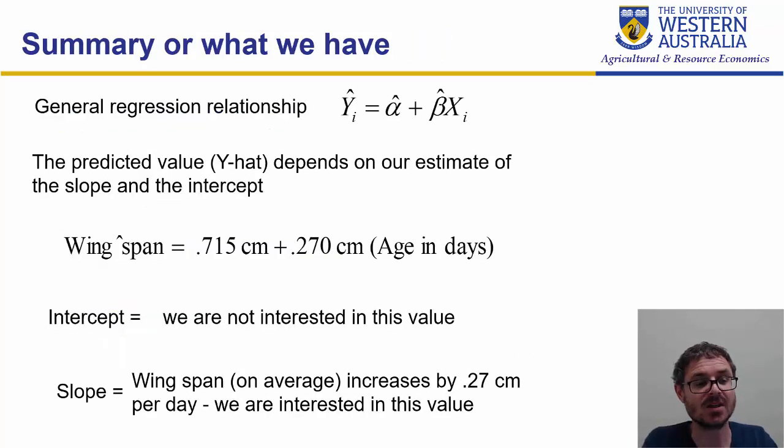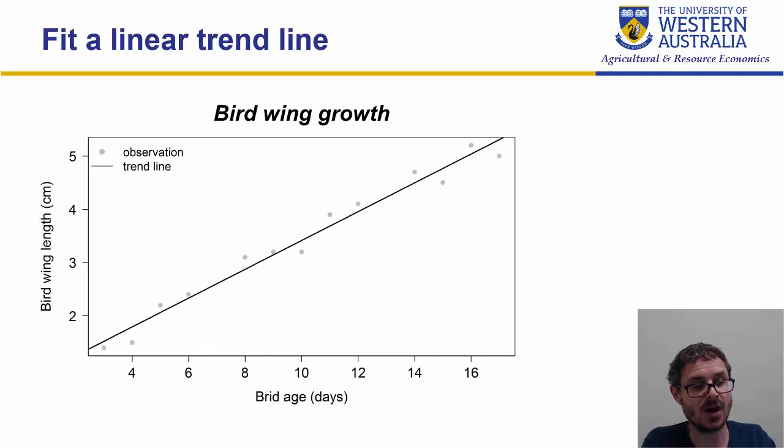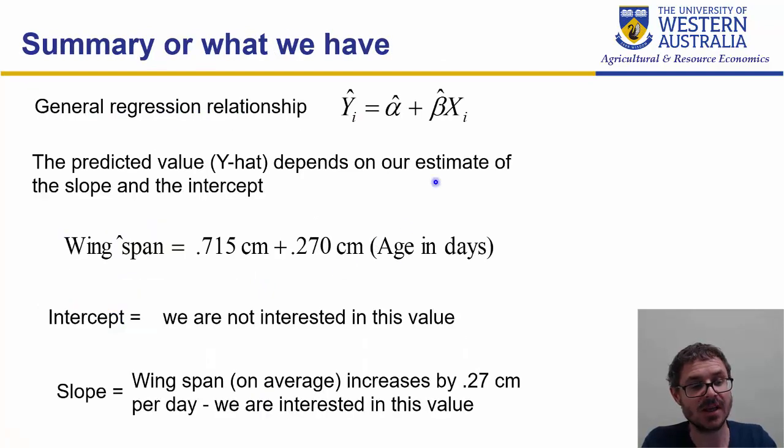Now, the regression relationship here is not an explanation of the actual data, but of our fitted values. This is our fitted trend line. Our trend line depends on our estimate of the intercept, our estimate of the slope, and our raw data.